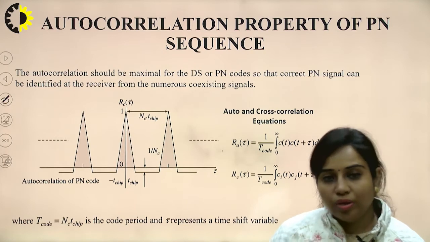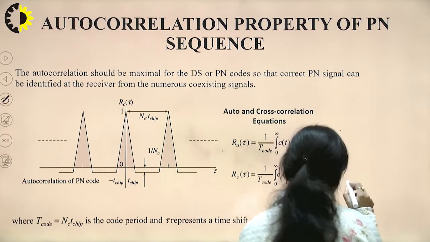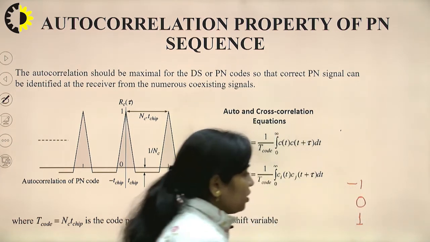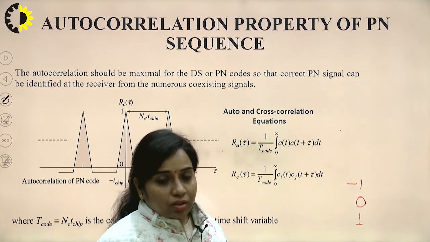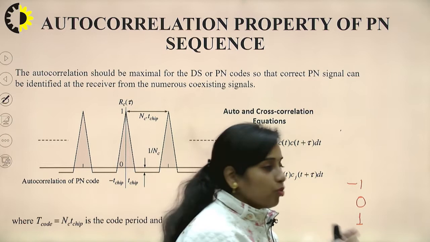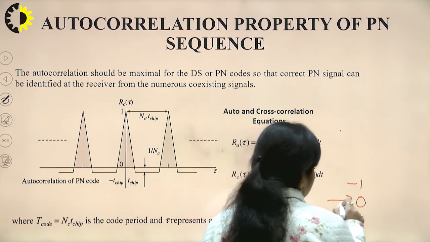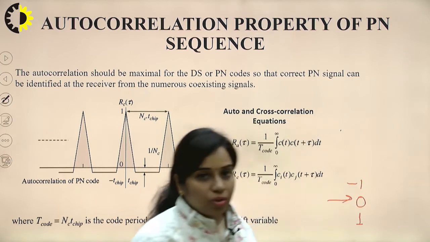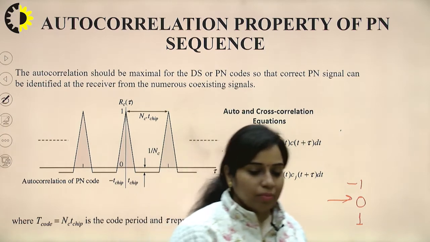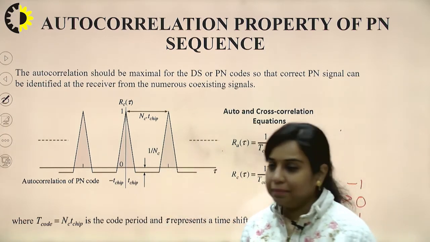There is a correlation coefficient that has values -1, 0 and 1. -1 means they are correlated with each other, but in the negative sense, meaning opposite to each other, but they are correlated. 0 means the 2 codes are not correlated to each other in any sense, and +1 means both sequences are correlated, they are exactly the same.